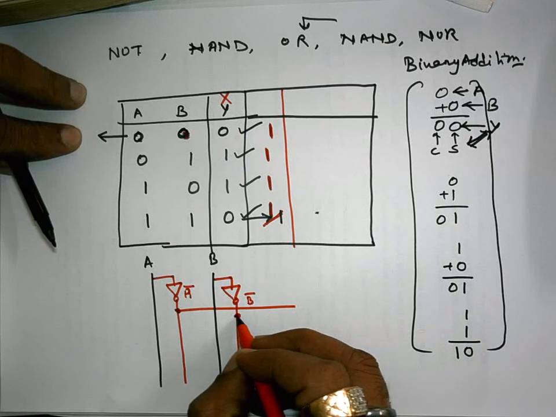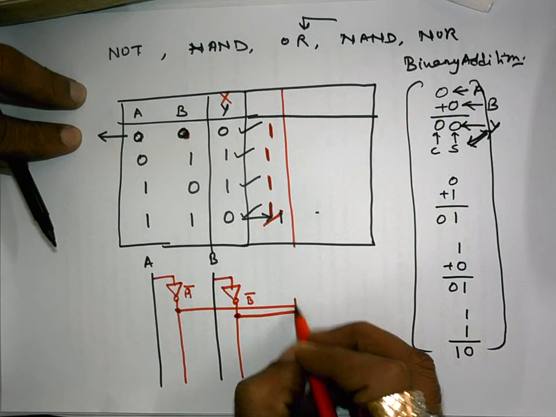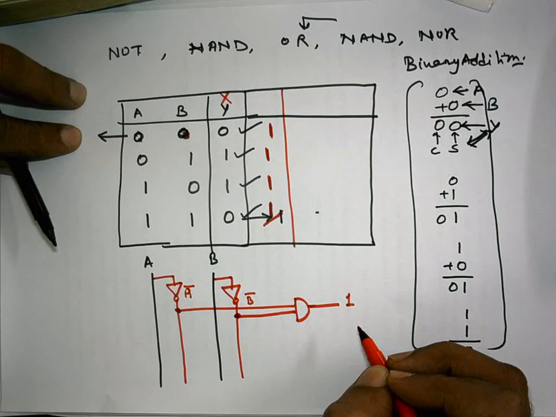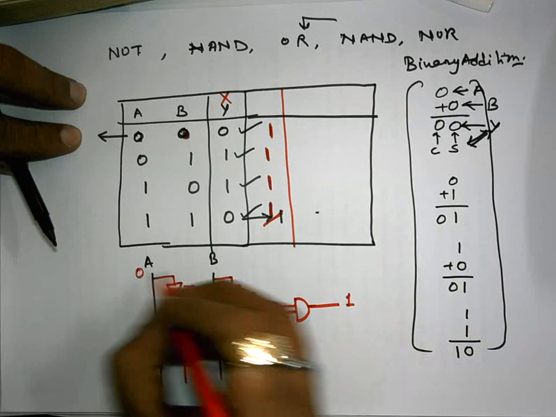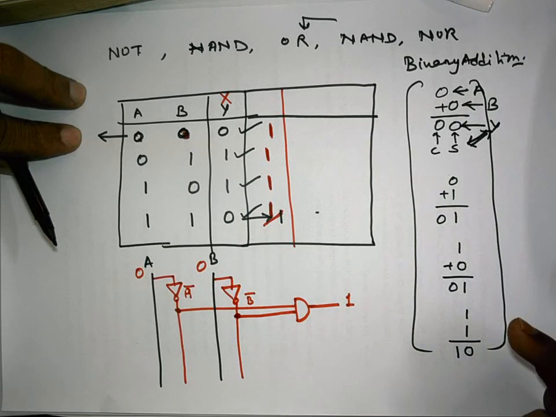So if I apply this A bar and B bar to the input of the AND gate, the output of the AND gate is going to give you 1 if the input was 0 0. Is it clear to you or not?